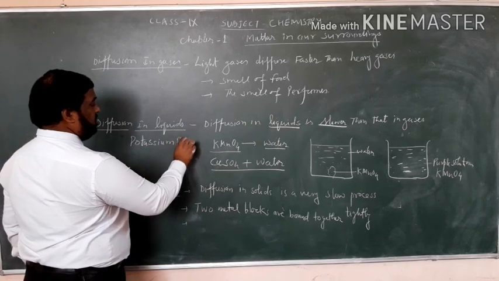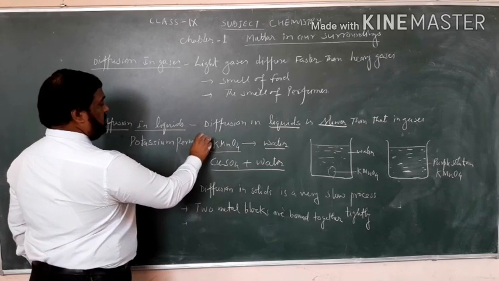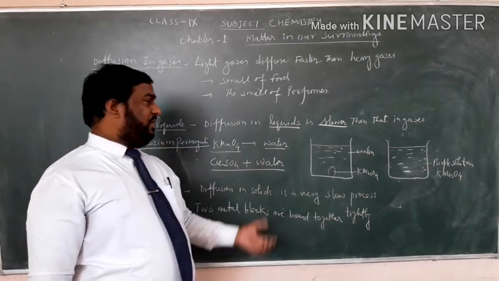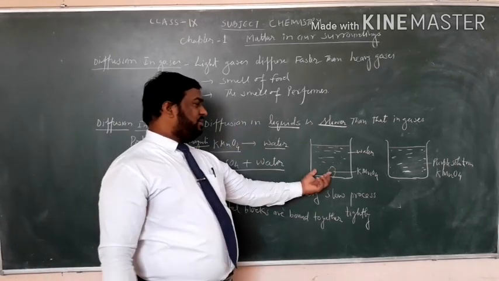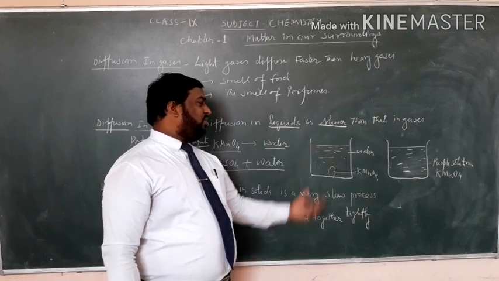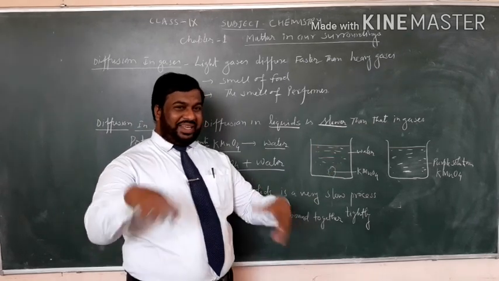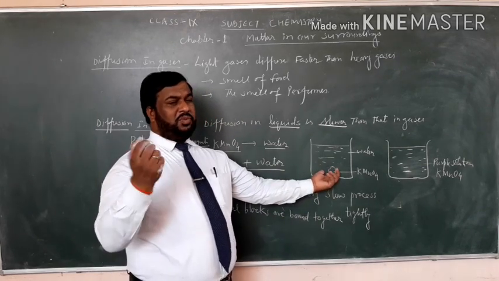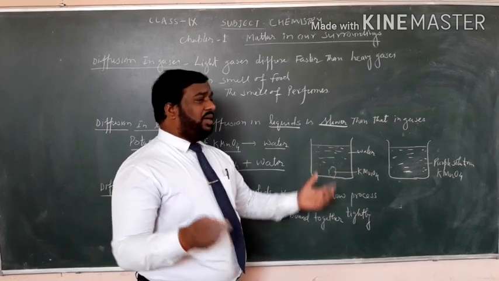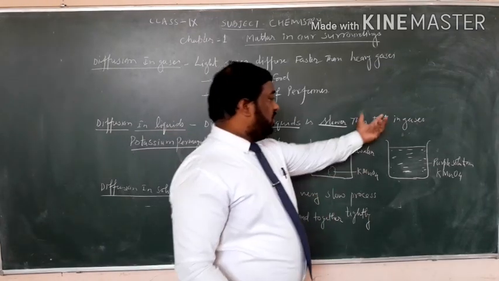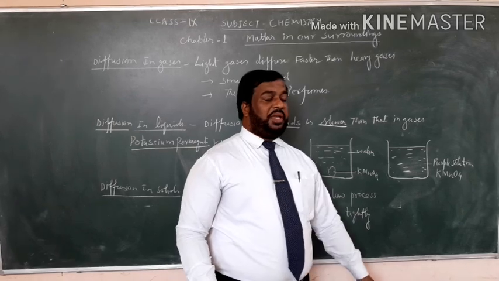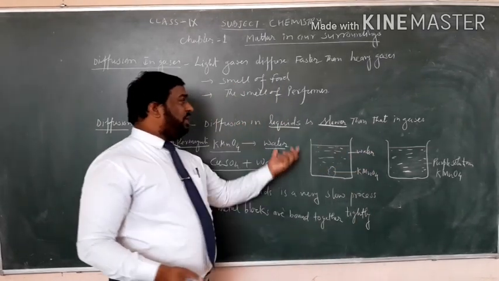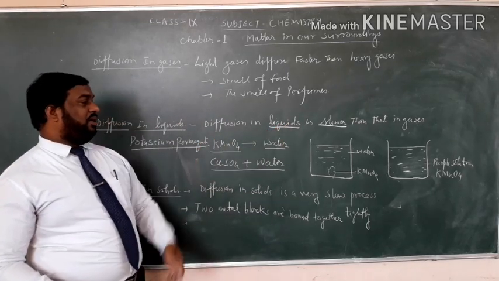This is purple in color and kept in a beaker filled with water. Initially the particles of potassium permanganate move very slowly, but after some time the purple solution of KMnO4 is formed. So this is a phenomenon that occurs in liquids, diffusion in liquids.